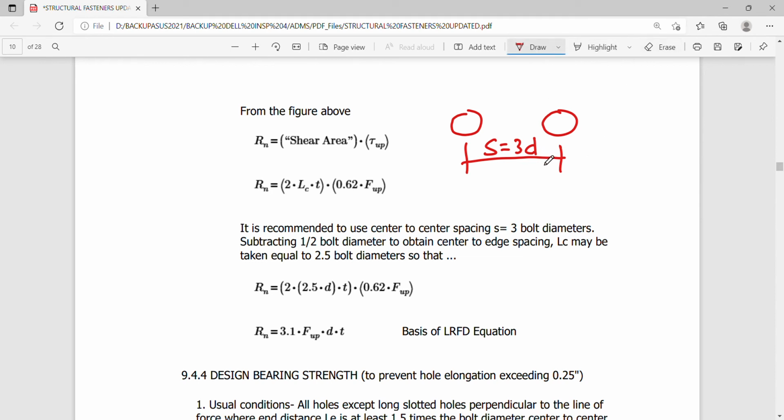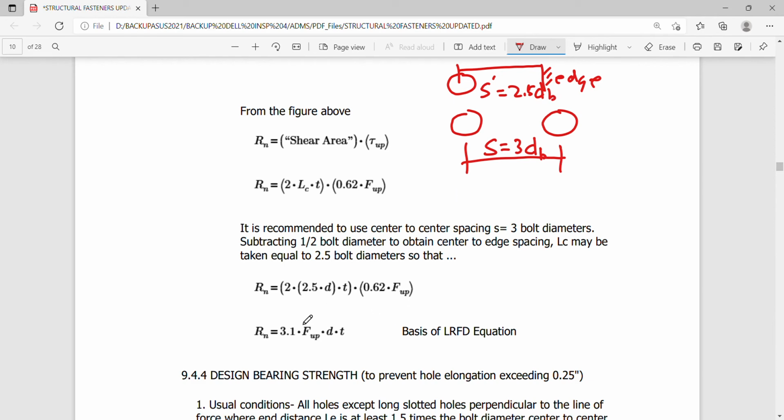Okay, so if this is now a center to edge, okay, it's the edge of the plate. So we simply deduct 1/2 bolt diameter there from a 3 bolt diameter. So this spacing now S prime is simply equivalent to 2.5 DB.